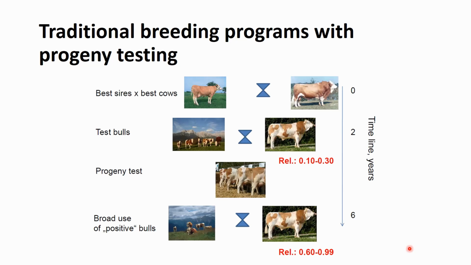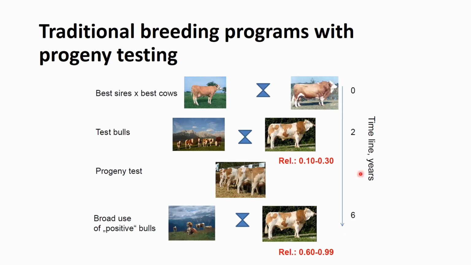A bit of a drawback of this system is in this, well, we could call this a y-axis, the time. It takes actually a lot of time until we can decide whether this bull here is good or not, and if we could use it throughout the population.